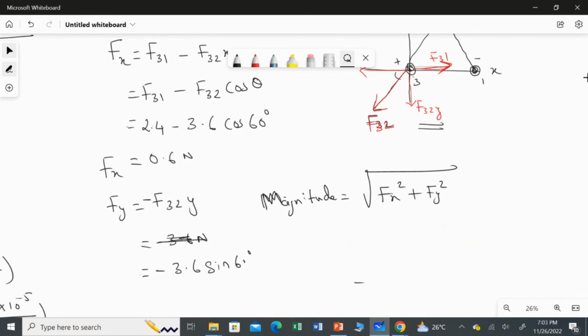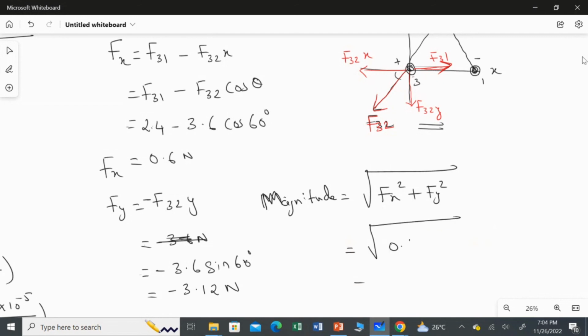Clear? Now I have to find this value. Minus 3.6 sine of 60 degrees. I got minus 3.12 Newton. Now I have to substitute our x component.